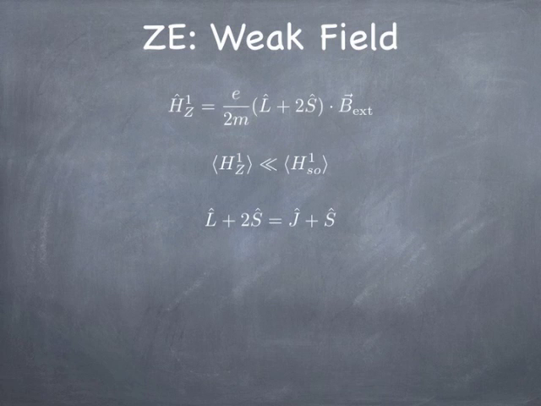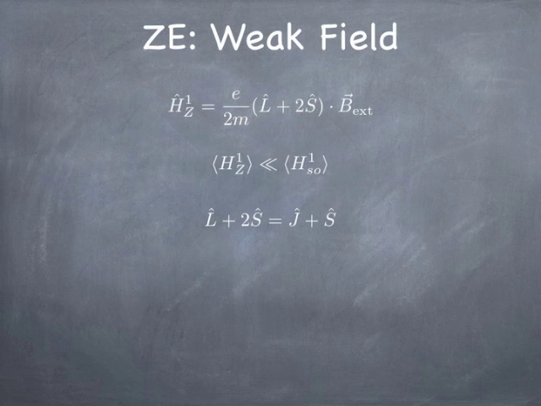And if I have a weak magnetic field, where the perturbation due to the Zeeman effect, or due to the external magnetic field, is much smaller than the fine structure, in other words, much smaller than the spin-orbit part, then I can treat the Zeeman effect as a perturbation of the solution we got for the spin-orbit situation. So we're going to be talking about very weak fields for the moment, and in that case, J is a good quantum number.